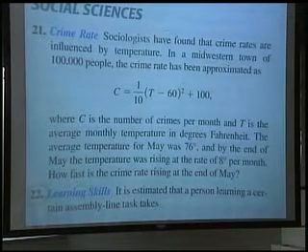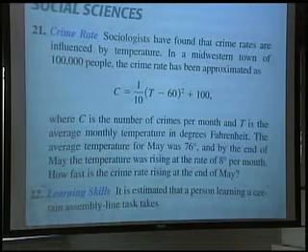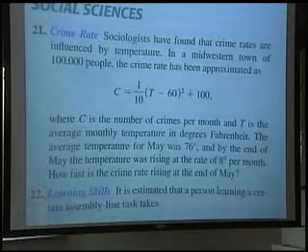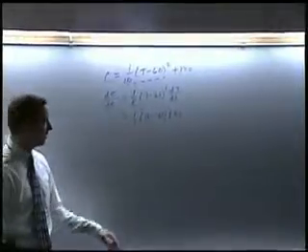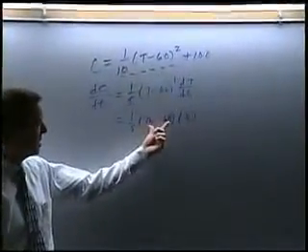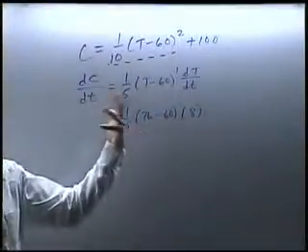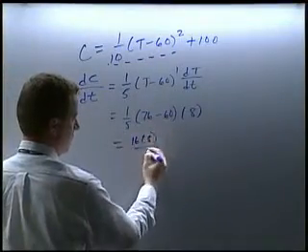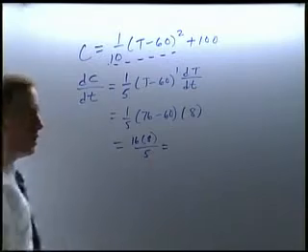And how much is the temperature changing? 8 degrees per month, right. Okay? And so I would sub that value of 8 in for the change in temperature. And now it's just a matter of doing the calculation here. 16 times 8 divided by 5, whatever that comes out to be. Okay? That will be your answer.